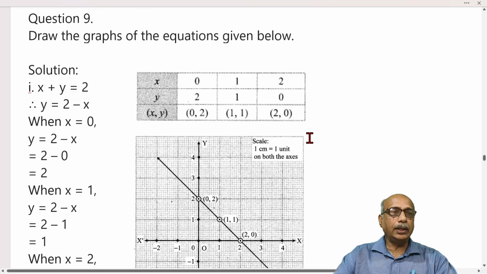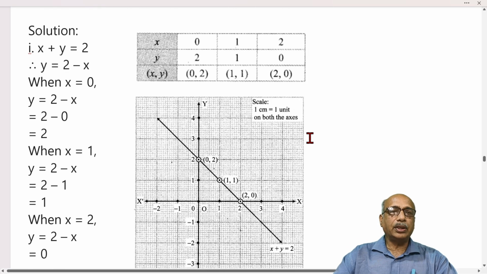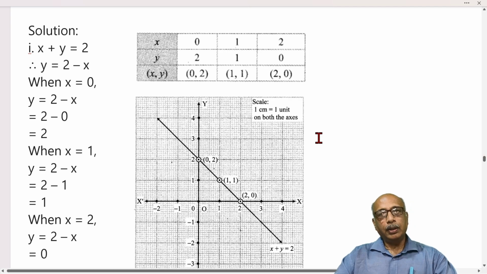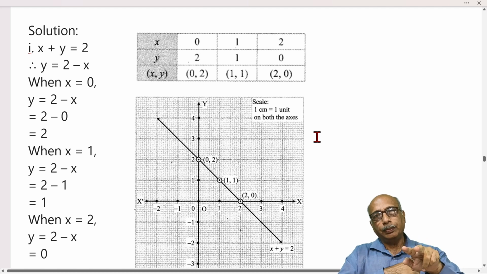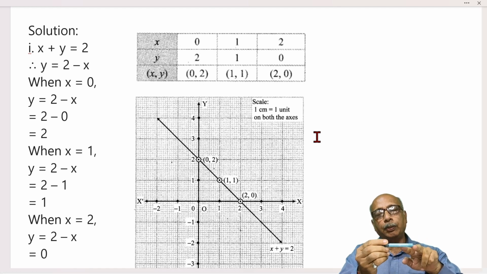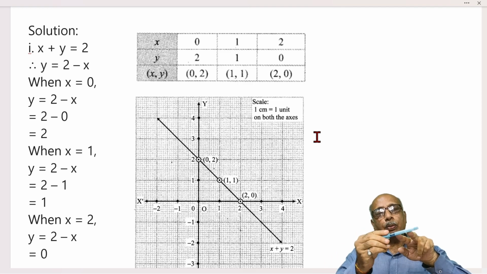Next, question 9. Draw the graphs of the equations given below. When you plot a line graph, you have to take at least 3 points. Because a line can pass through any 2 points, a pen is a line.